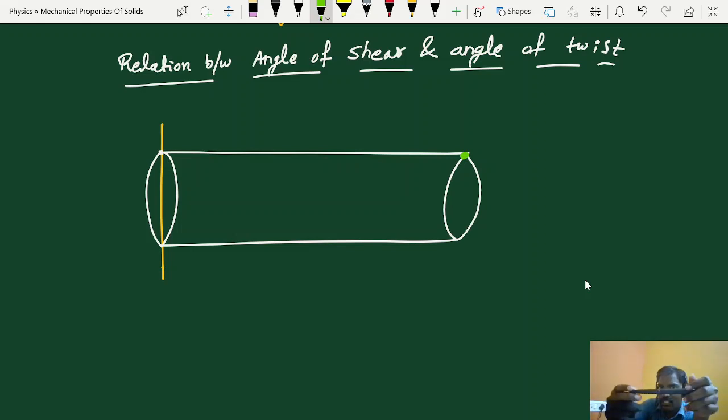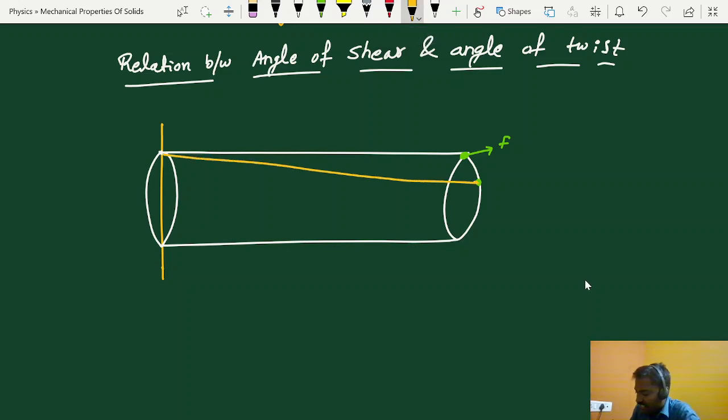By how much angle it is turning with respect to the fixed end is the shear angle, and how much angle it is rotating here is the angle of twist. When you apply tangential force, this point will shift somewhere here. It will be shifted here.